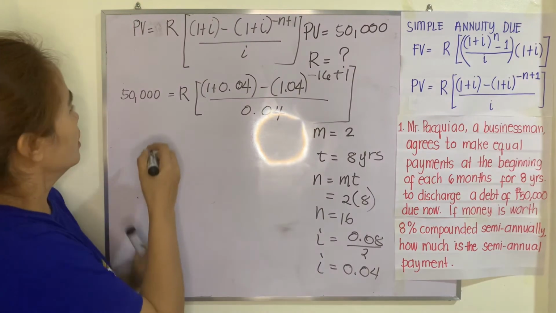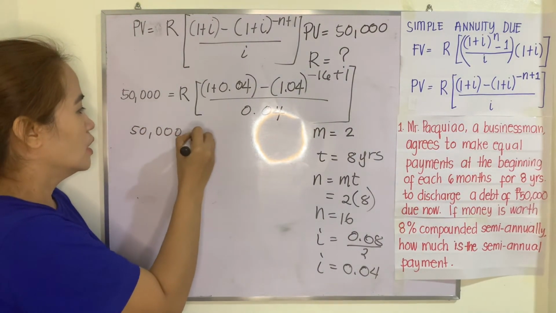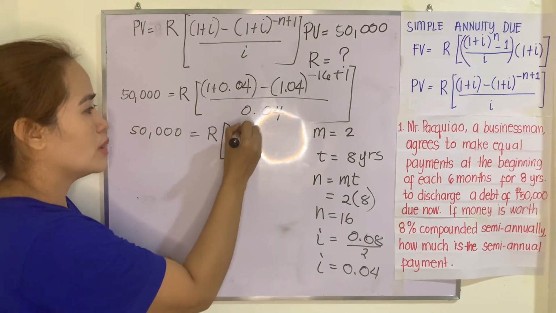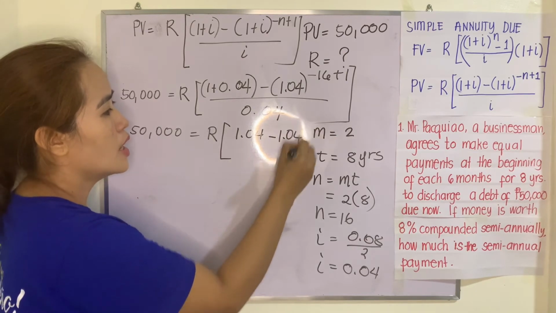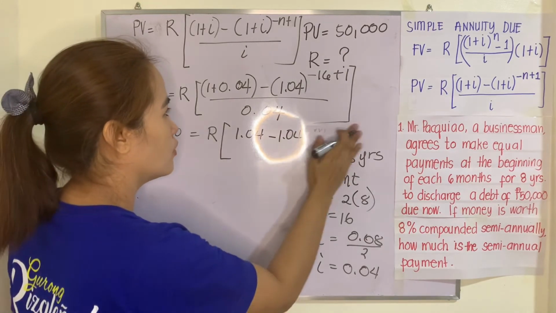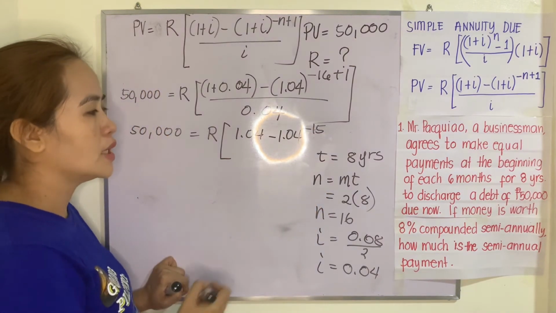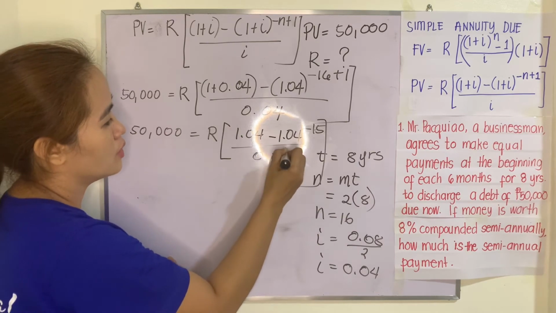Okay. So simplifying it, we have 50,000 equals R times 1.04 minus 1.04 raised to negative 15, because negative 16 plus 1 is negative 15, divided by 0.04.